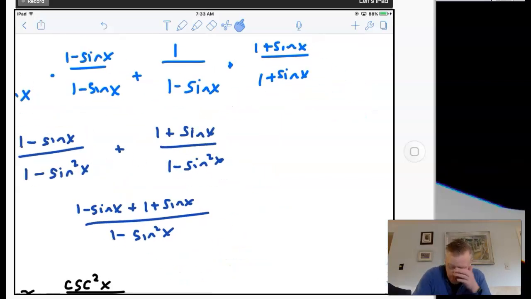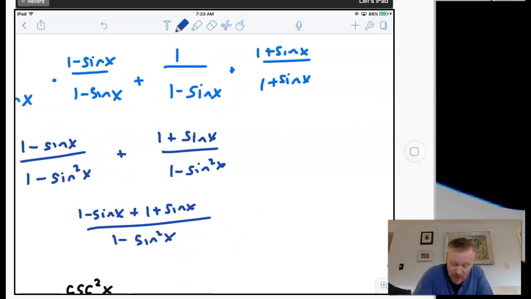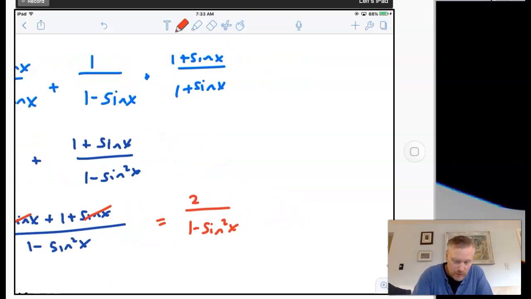And then when I look closer at the numerator, some stuff cancels out, which is great. Which is really kind of why I did that whole thing. Minus sine x plus sine x is 0. And 1 plus 1 is 2. And next I know that sine squared of x plus cosine squared of x is 1.